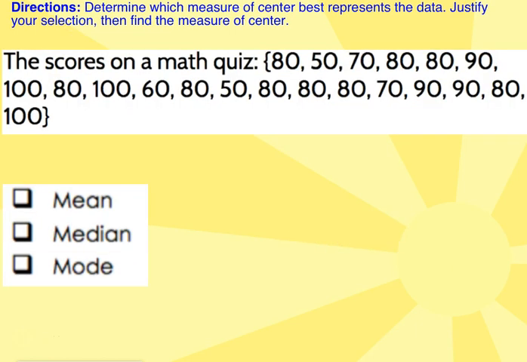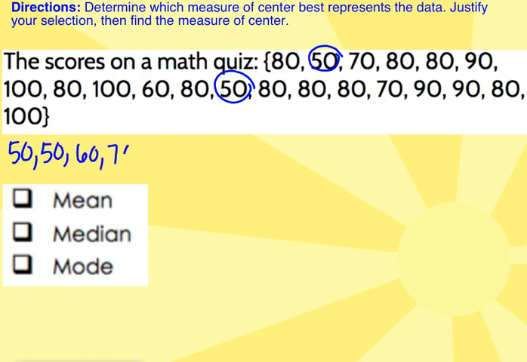Okay, our last one. The scores on a math quiz. Oh boy. Here we go. Let's put them in order from smallest to biggest. I notice that 50 is our smallest value here, so I have 2 of those.